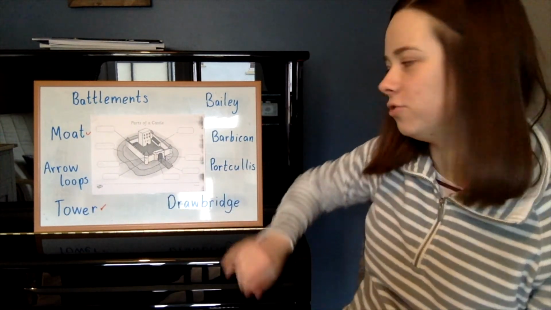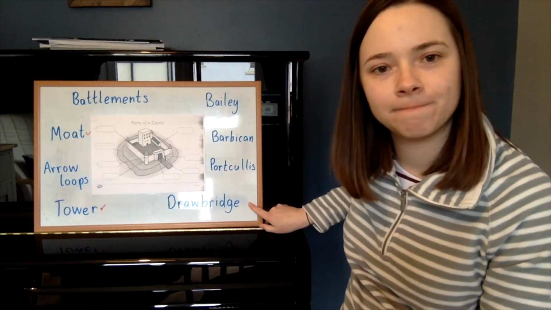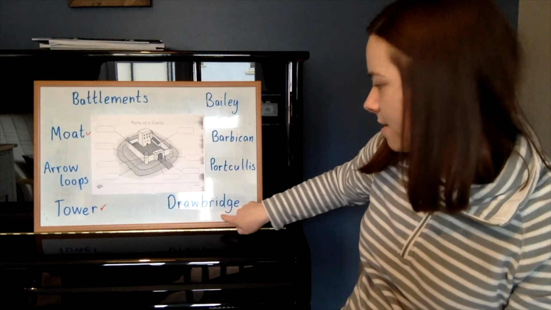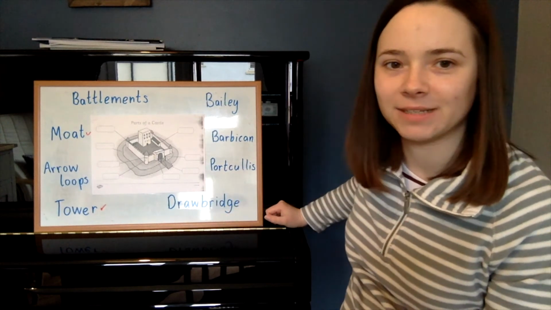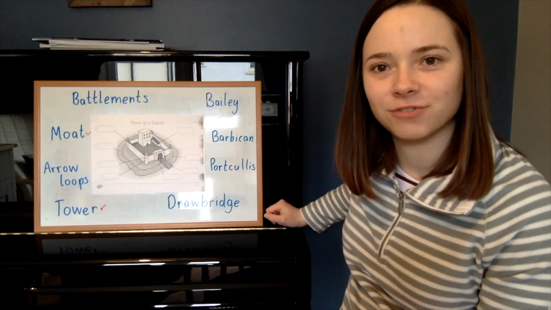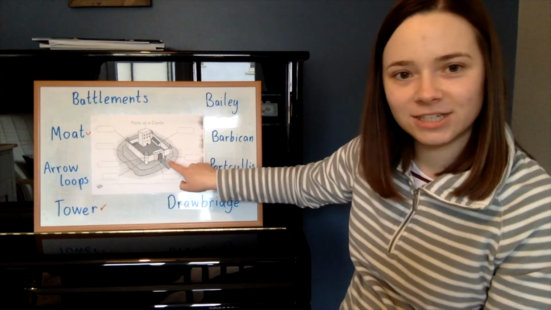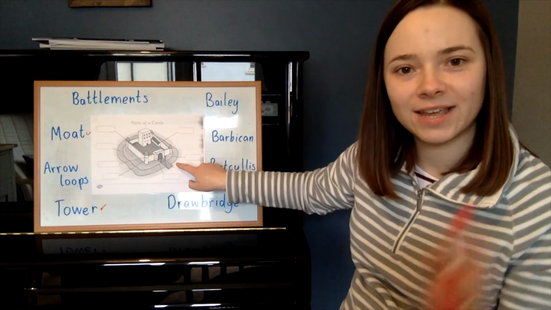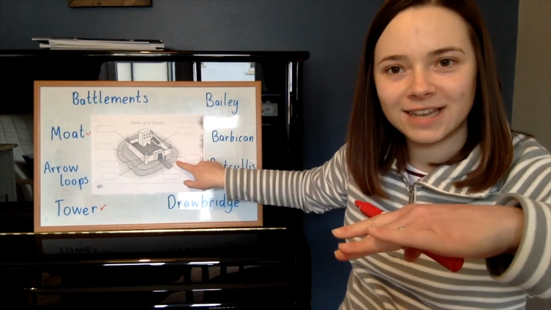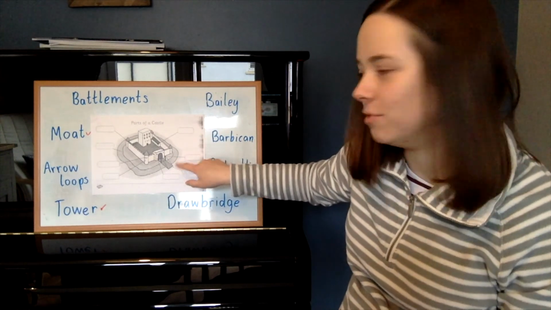What about the drawbridge? Where would the drawbridge be? Remember, it's got the word bridge in it. That means it must go over water. Can you point to the drawbridge? Well done. This is the drawbridge. It goes over the moat, doesn't it? And they can let the drawbridge down to let people across, or bring it back up so that people can't get across the moat.